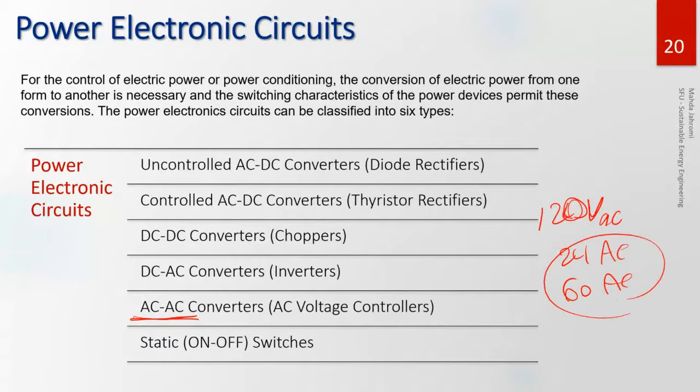It's like a transformer, but instead of giving you a nice AC, it gives you a chopped up version of an AC that you need to filter. But the good thing about it is that it's much smaller, lighter, and cheaper.